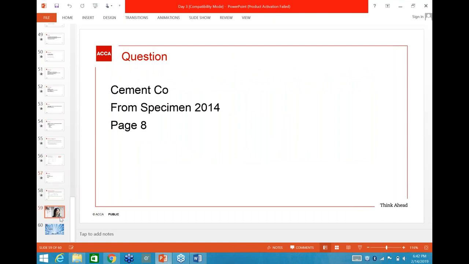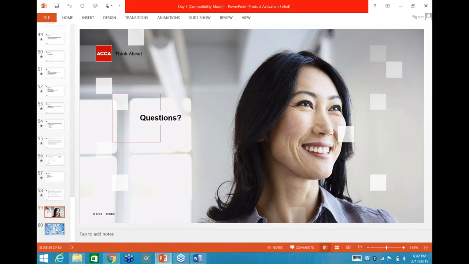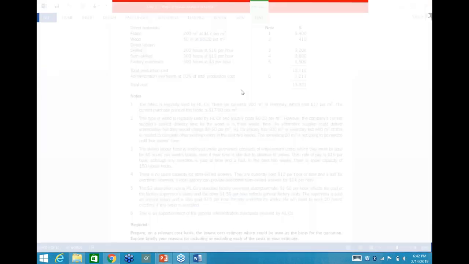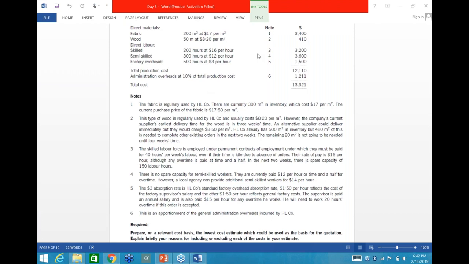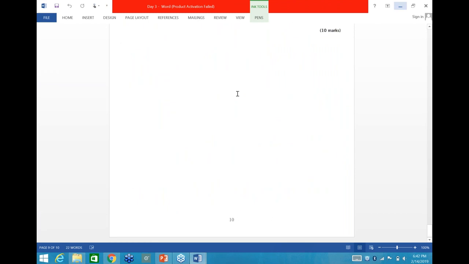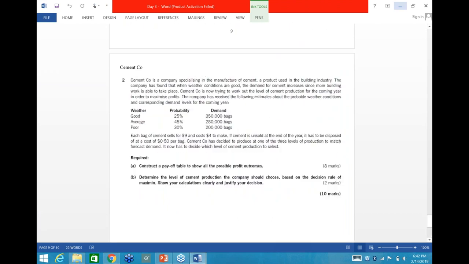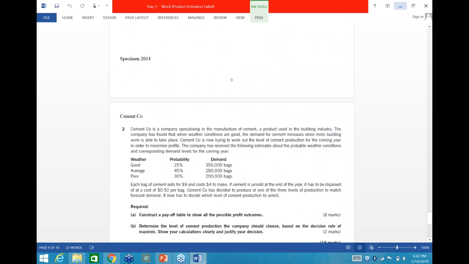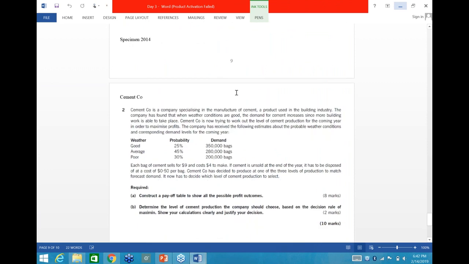So I'll close that off, unless you have any questions before we go to section A. Right, cement company. That's your question from the specimen paper 2014.